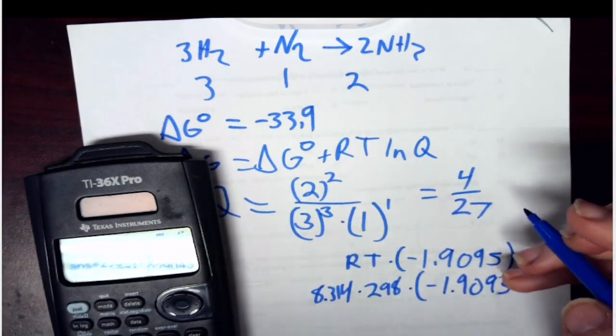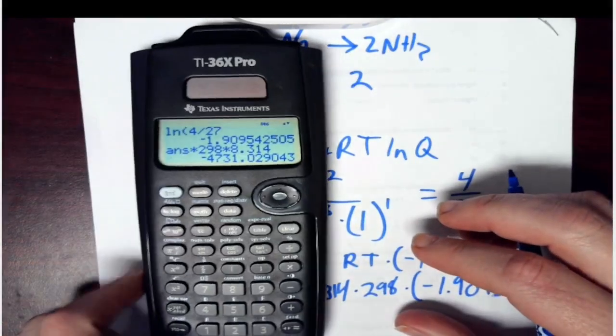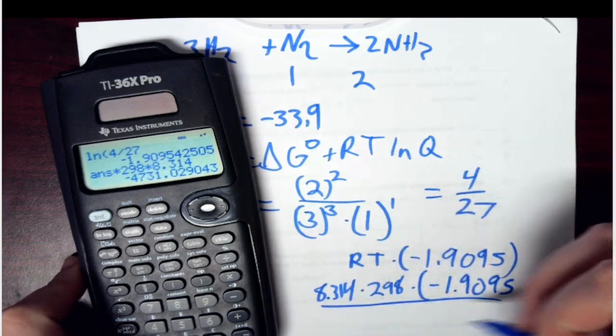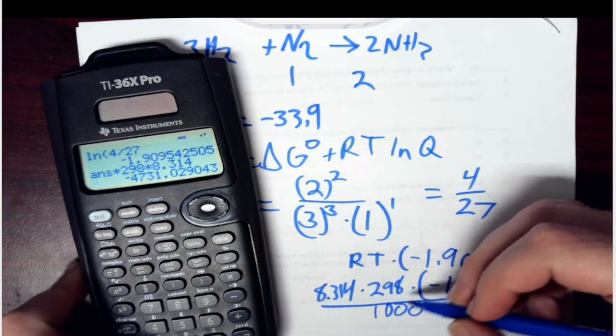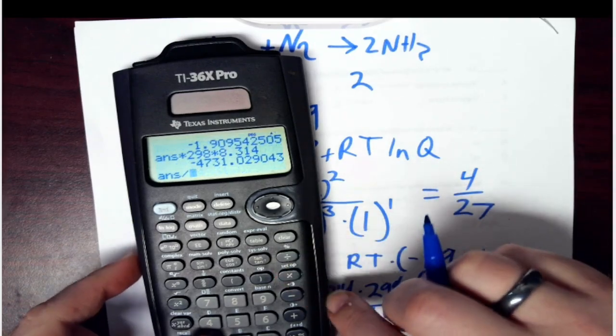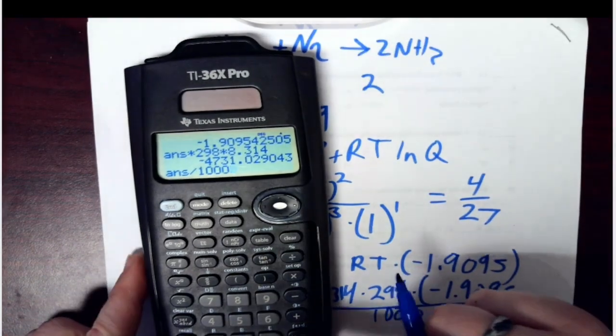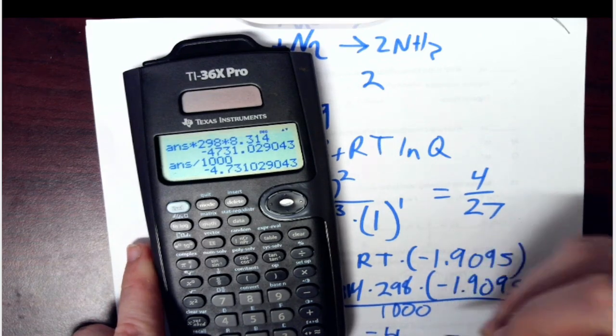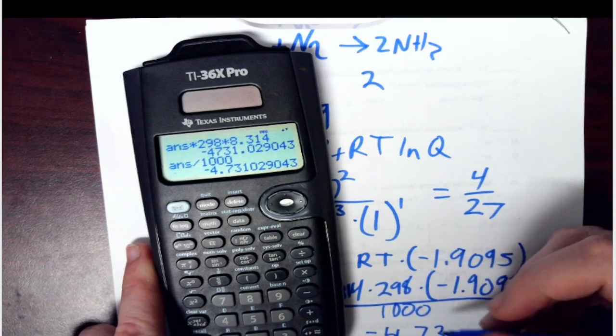You'd get a really, really big number. But we have to divide by 1,000. Why do we have to divide by 1,000? Because R is in units of joules per mole Kelvin. And so the effect is only 4.73.